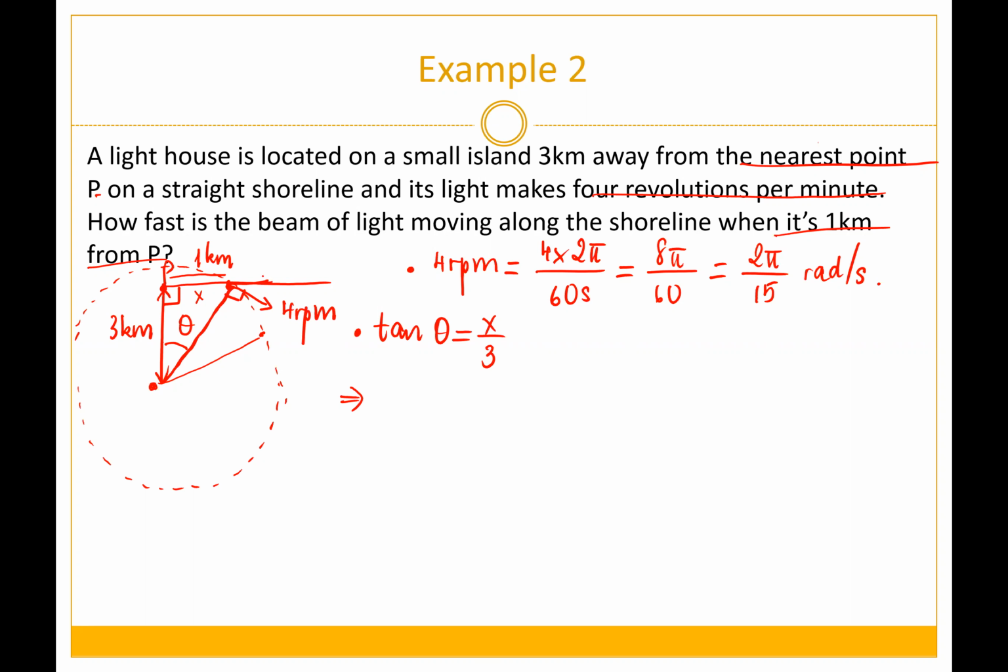This is actually this way. 4 RPM. I actually don't know how it physically looks like, but I know the fact that it has to be perpendicular. So just let it be. And so what we need to find is dx over dt when x is equal to 1 kilometer.